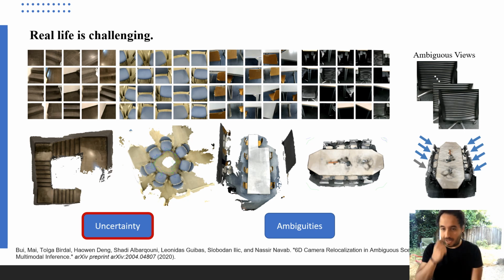Because in real life, these observations, these maps, cannot really be computed in a truly correct manner. And many of the problems actually involve dealing with ambiguities, or at least estimating an uncertainty, quantifying how reliable a solution would be.